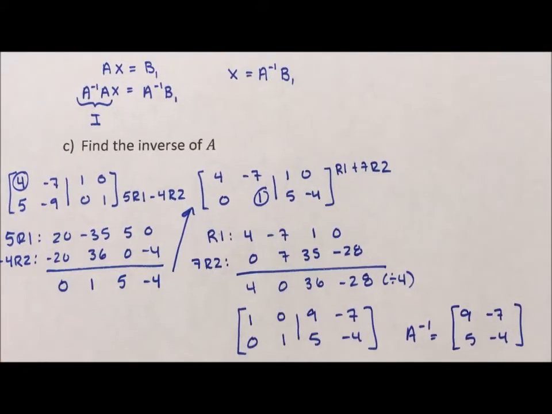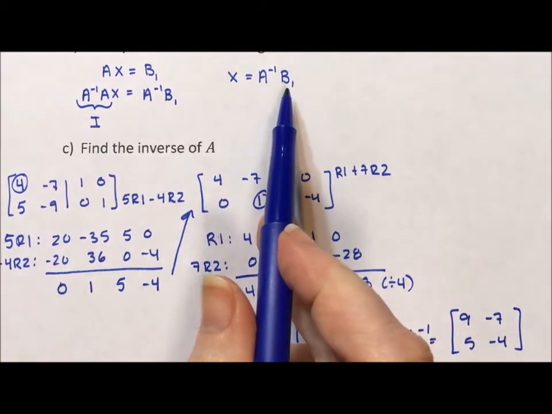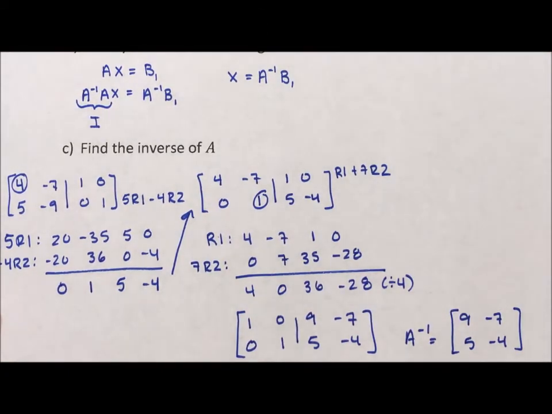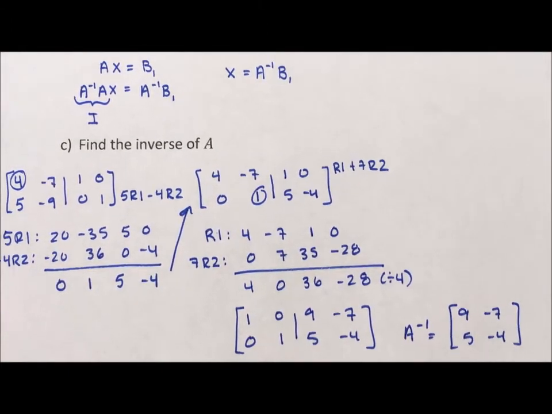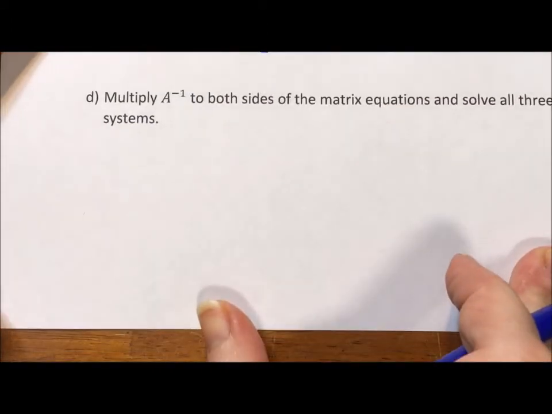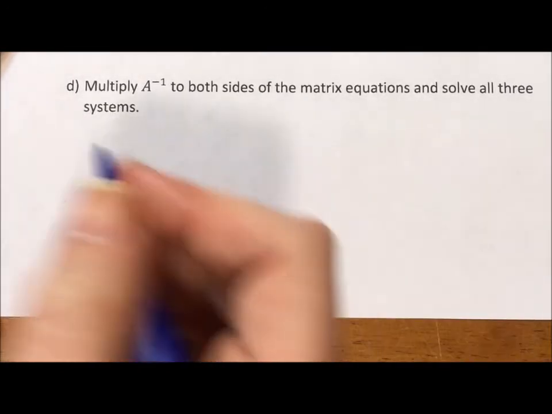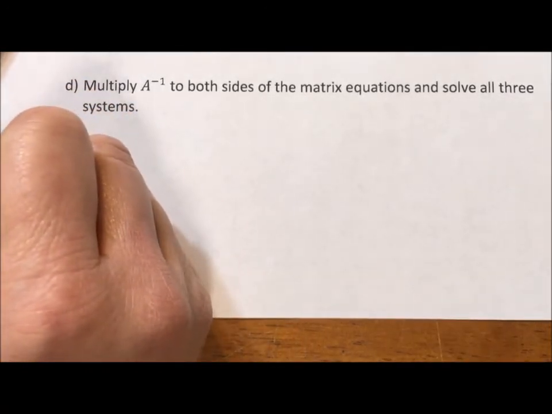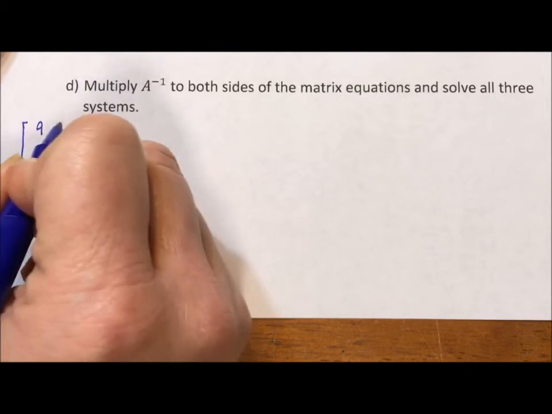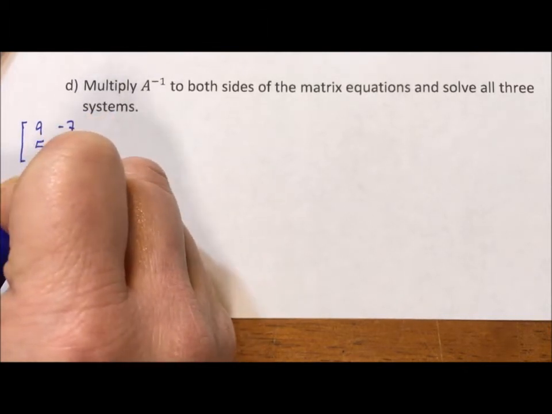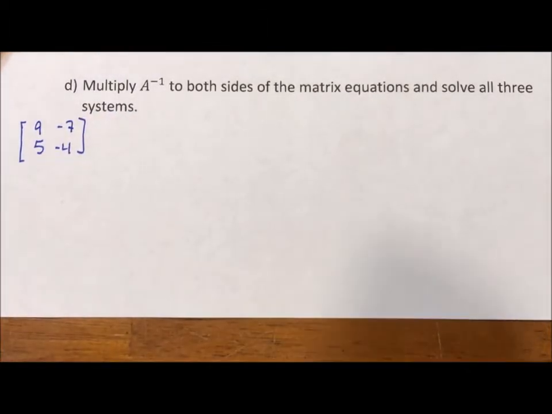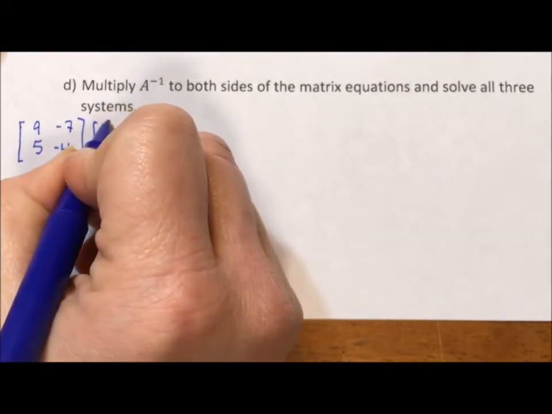Okay, so now we have our inverse. What we figured out in our theory is if we multiply the inverse by our answers, we should get the solution to the system. So for B1, we take 9, -7, 5, -4, and multiply that by B1, which is 8, 11.